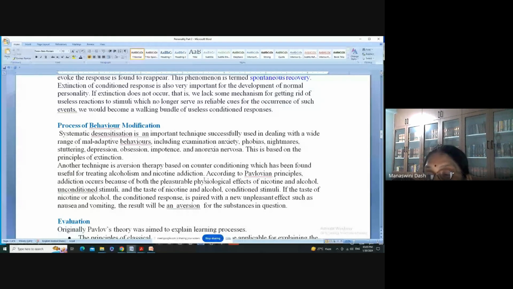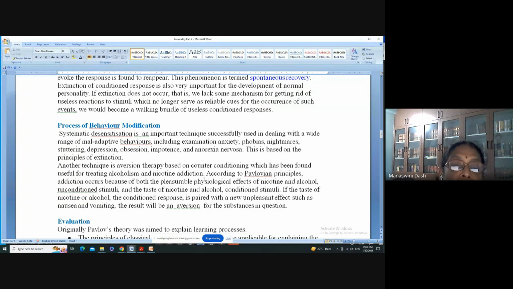It is an important technique successfully used in dealing with a wide range of maladaptive behaviors, including examination anxiety, phobias, nightmares, etc. Systematic desensitization is based on the principle of extinction.